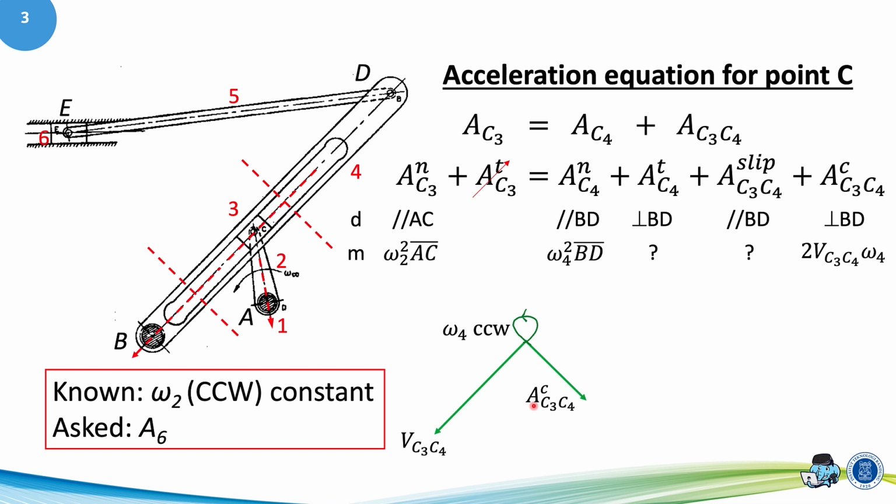Next is to draw the acceleration polygon. First, we draw the AC3 normal, and then we draw the AC4 normal.